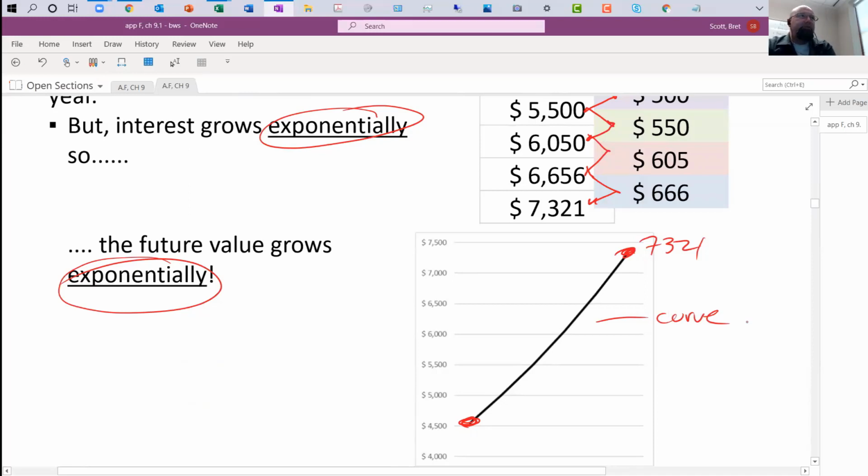The reason why the future value is going up, not linearly, but exponentially, at a faster rate every single period, is because it's the interest. It's the return amount that we're generating each period. That's going up more and more. So the change, yes, it's growing, it keeps getting added, but the change itself is increasing.